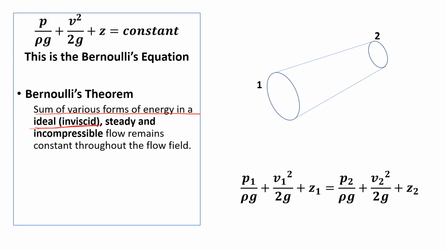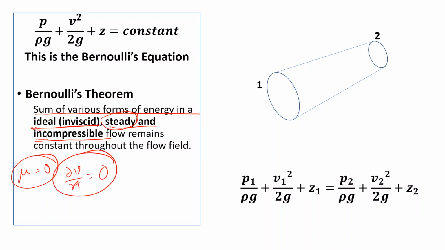By ideal we mean the flow where the effect of viscosity is neglected, because we've already ignored the viscous forces and the elastic forces, and we've also assumed that it is going to be a steady flow because at some stage in the derivation process we assume del v by del t equals 0. So in that case, the sum of various forms of energy in the flow remains constant throughout the flow field.